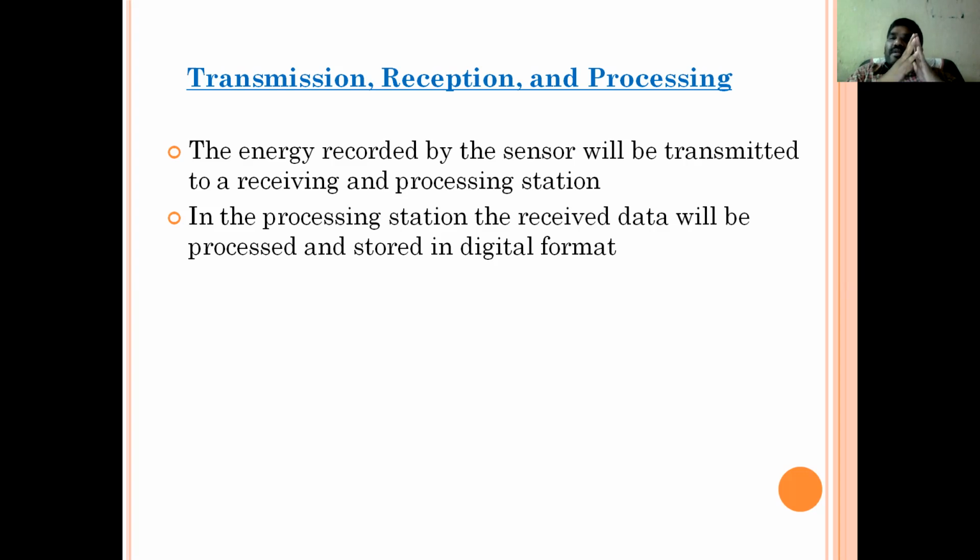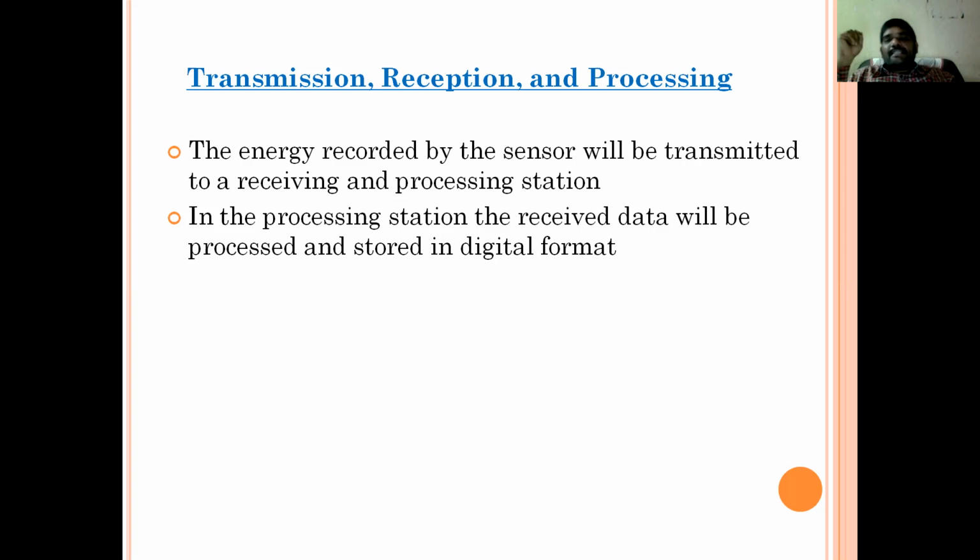Whatever energy is recorded by the sensors has to be transmitted to the processing stations. The image was recorded in the sensors in digital format, and the digital format has to be decoded at the processing stations.